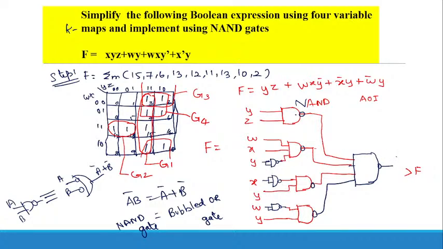1, 2, 3, 4 at the second stage, and the third stage is what? 1 NAND gate. Altogether, you know very well, in a 2 input NAND IC, IC 7400, you have 4 NAND gates inside. And there are 3 input NAND gates with 3 gates in the IC.